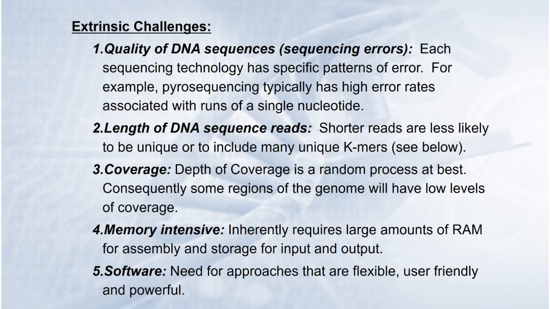So the extrinsic challenges to sequencing, some of them we've discussed already. One is the quality, and sequencing errors, of course, do not help with the assembly process at all, and if they're bad enough, lead to severe problems with putting things back together. The length of the sequence reads: the concept of repetitiveness is really related to sequence reads. For example, we talked about technologies in an earlier video that produce really long sequences.